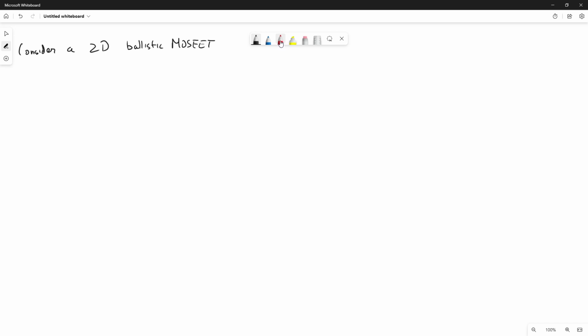Okay. So yeah, let's draw that in red. I'm saying the band diagram will look something like, or rather the other way around.